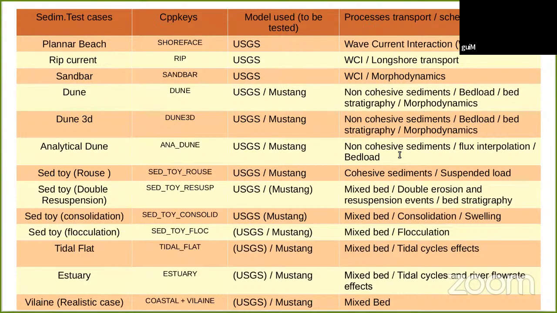And on the last, I put some test cases with effects of tide, and we will see later. And the last one, I won't talk about that, but it's a Mustang test case.